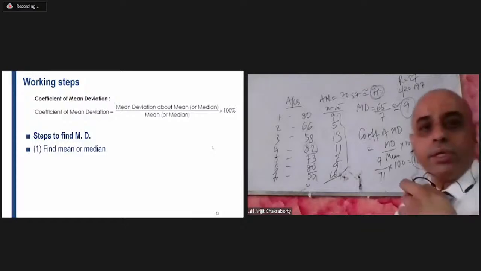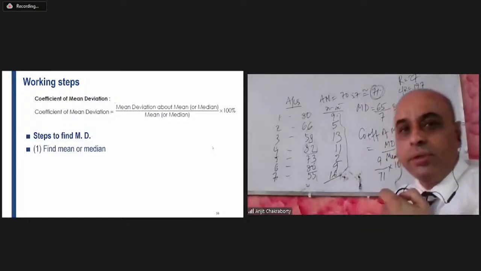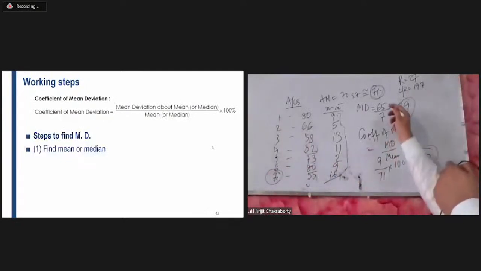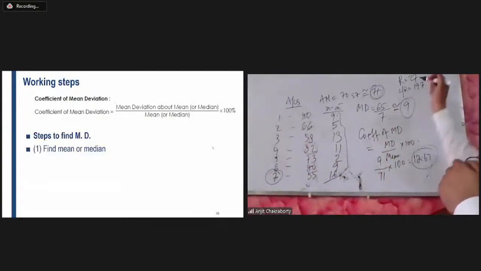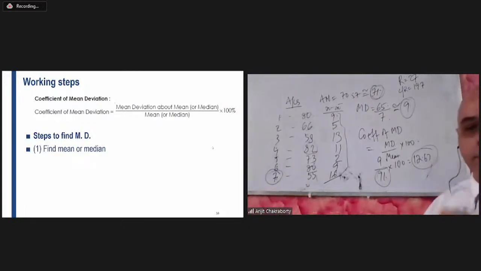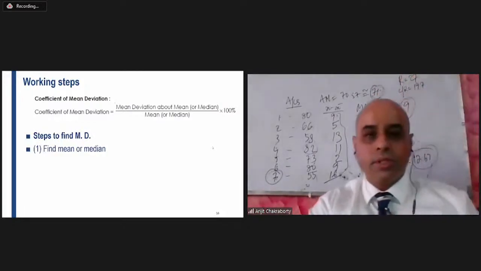But the mean deviation means the total deviation divided by the number of observations. Here the number is 7. So 65 by 7, I've got around 9 point something. I have taken it as 9. Then 9 in the numerator, mean 71 in the denominator, 9 by 71 into 100, so approximately 12.67. So the process is very simple.